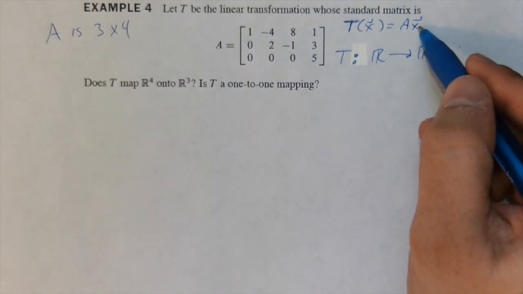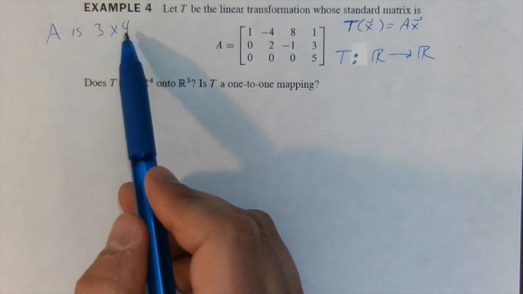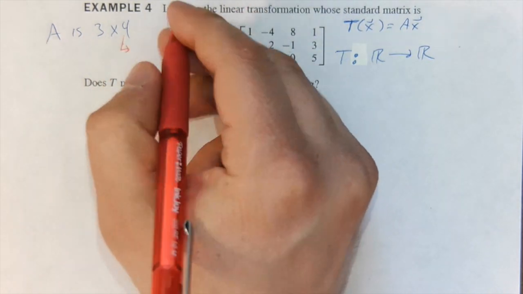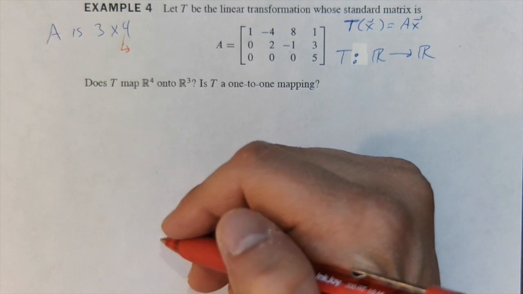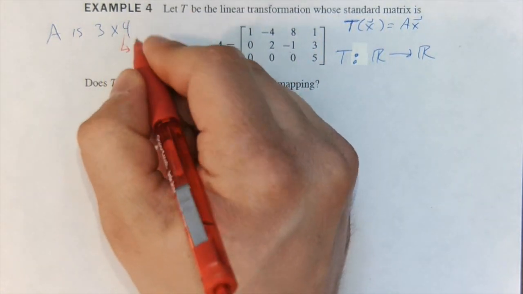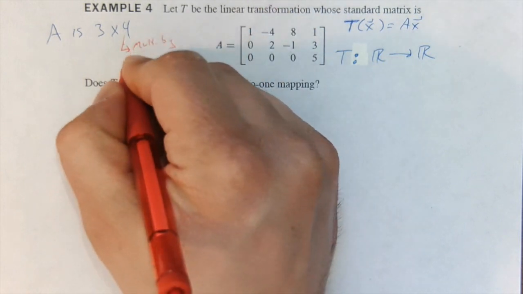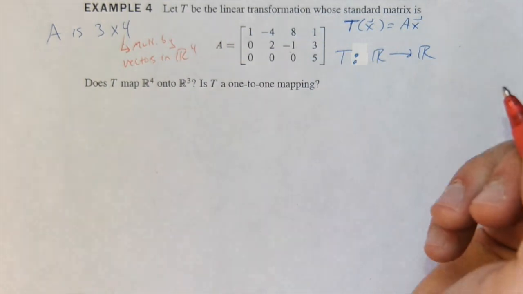Because if you did Ax, you need the inside dimensions to line up. And so the number of columns, 4, tells you where you're coming from, it tells you what the domain is. And so this means you need to multiply by vectors in R^4.